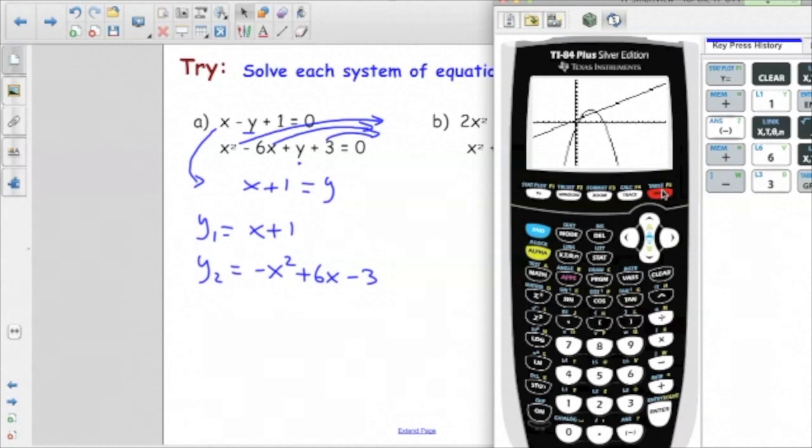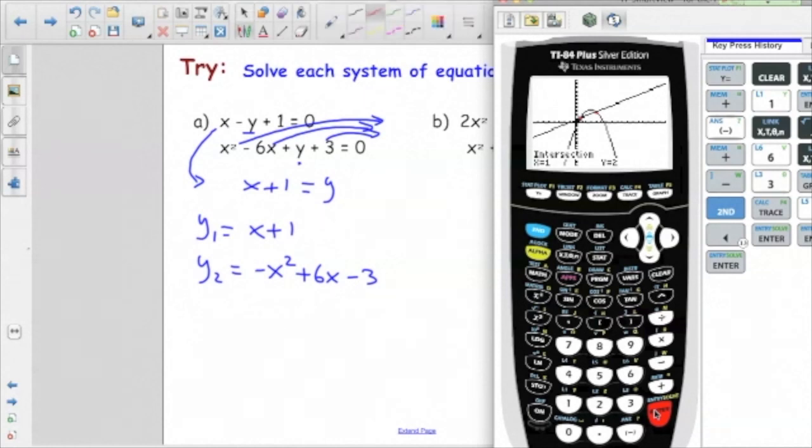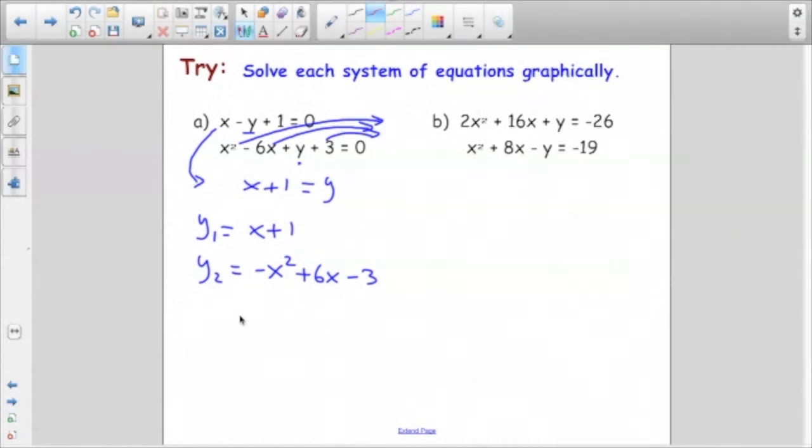Okay, so I have my intersection points there and there. So let's go find them. It's the second trace feature. Second trace 5. Okay, so let's drag it. I always find the left one first, doesn't really matter. So enter, enter, enter, and we get an answer of 1, 2.